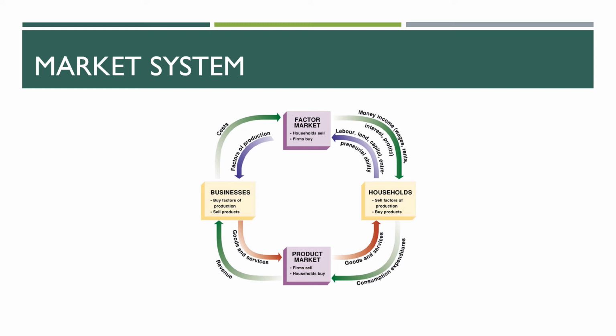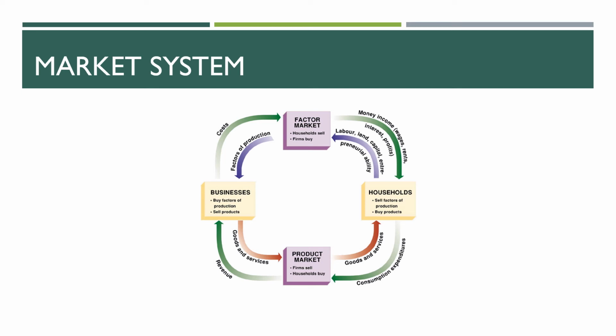The general idea here is pretty simple. Businesses will always try to sell goods and services to the product markets, and we, the households, will always try to spend some money, which we call consumption, to buy those goods and services so that we can enjoy using them. On the other hand, where is our money coming from?